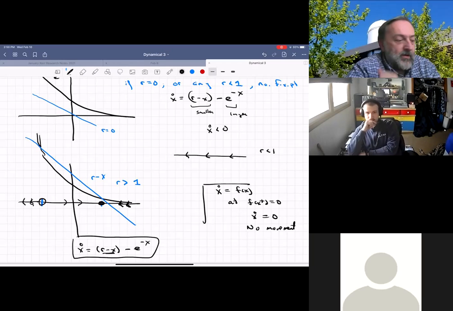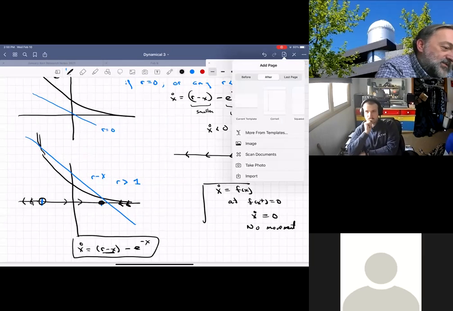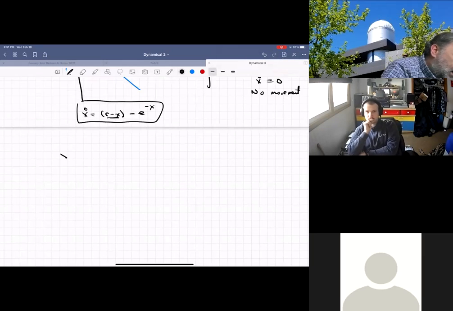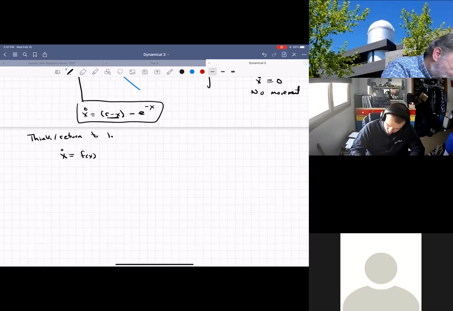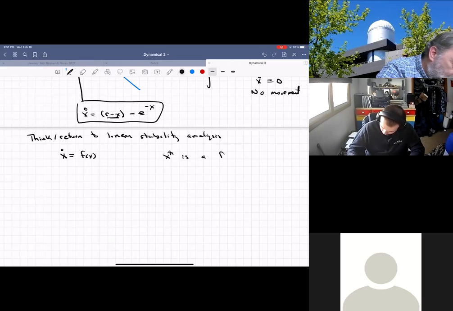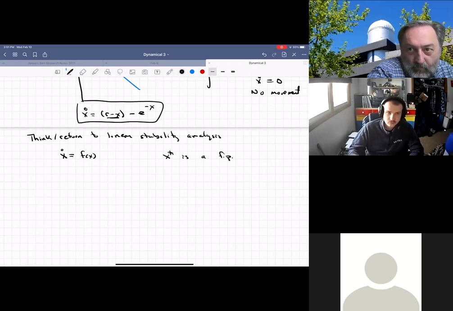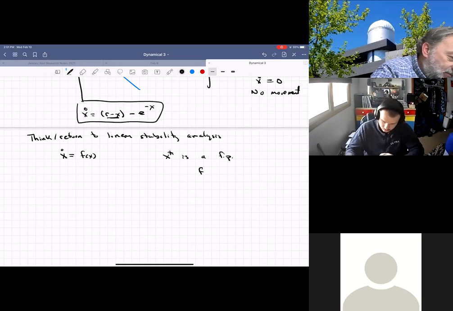Okay. Now, this is where the linear stability analysis comes in, right? So let me say that I have x dot is f of x. And let me suppose that x star is a fixed point, such that f of x star is equal to 0.